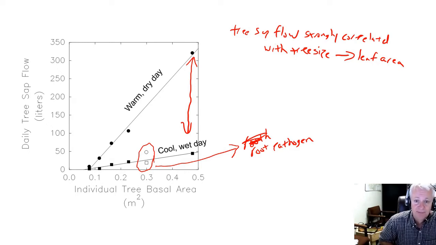So large trees can transpire a lot of water, hundreds and hundreds of liters of water in a day, whereas some really small, in this case suppressed trees, even on a warm, dry day, may lose very little water, on the magnitude of maybe 5 to 10 liters of water, even on a high evaporative demand day. So there's lots of variation in the amount of water loss depending on the tree size, but it can get really large.